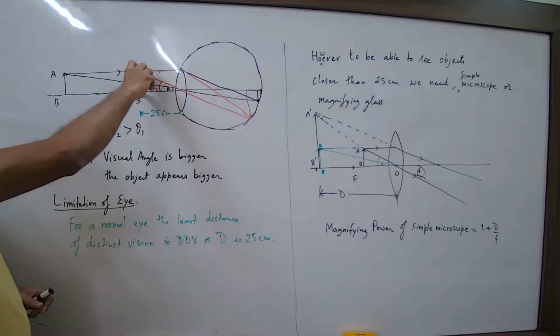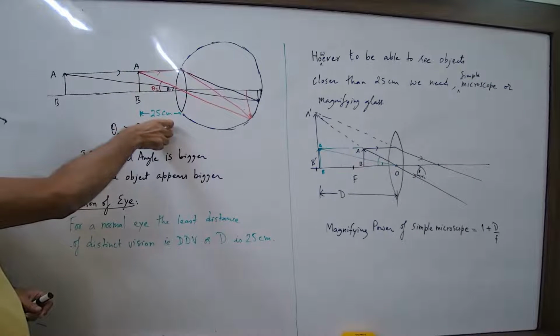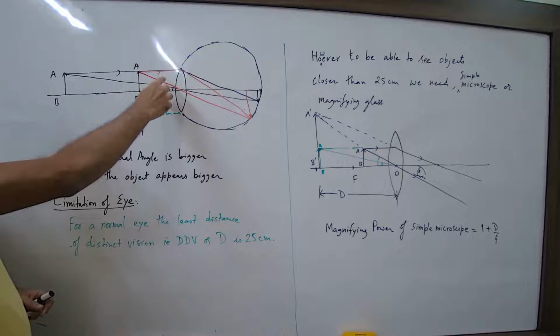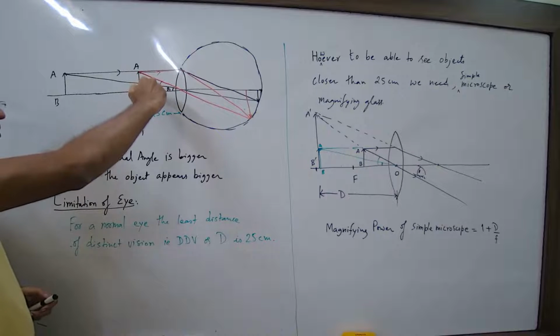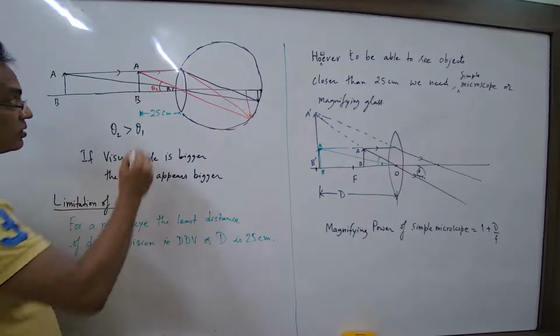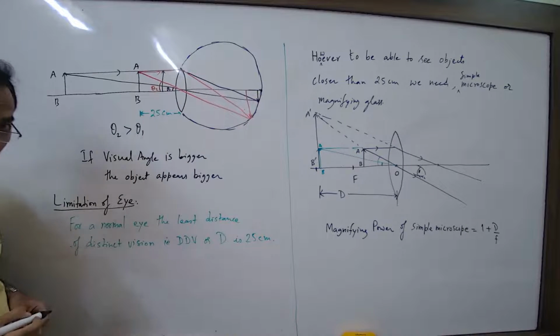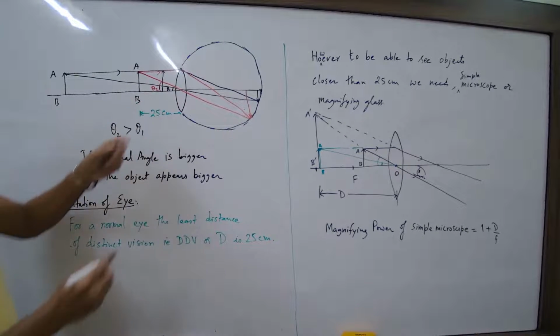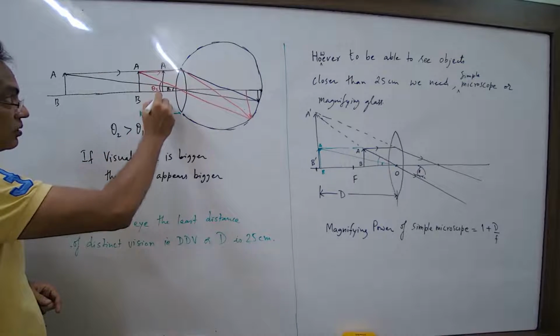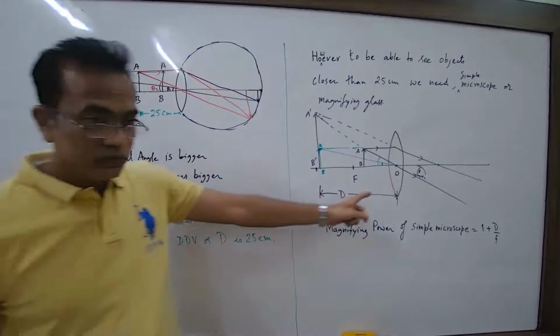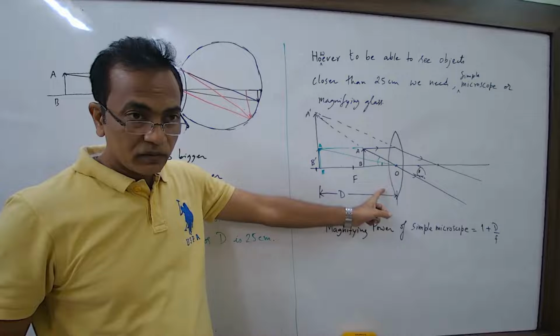Now I am keeping the object AB at 25 cm, right? So now the angle is increased. If I want to increase the angle further, I'll have to keep the object somewhere here. But for a normal eye, we cannot do it without the help of a magnifying glass.